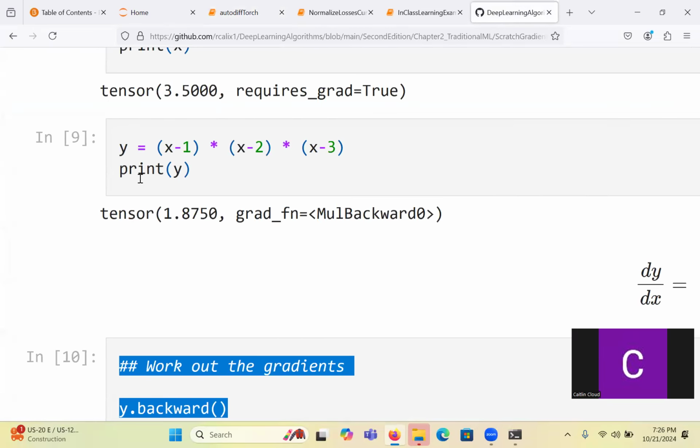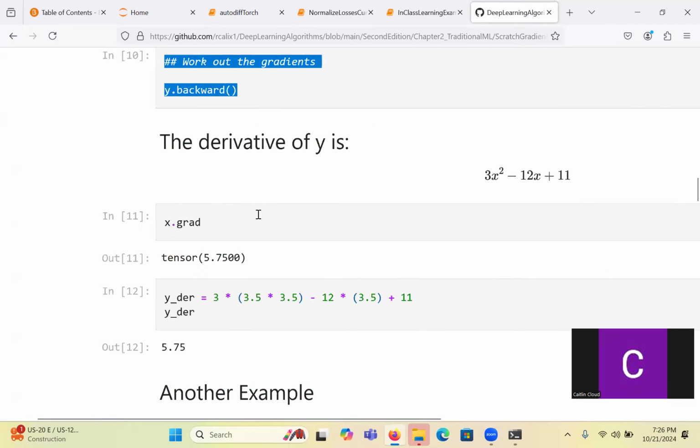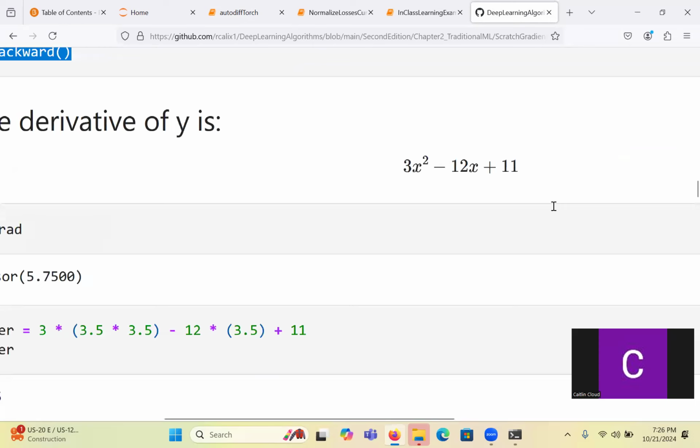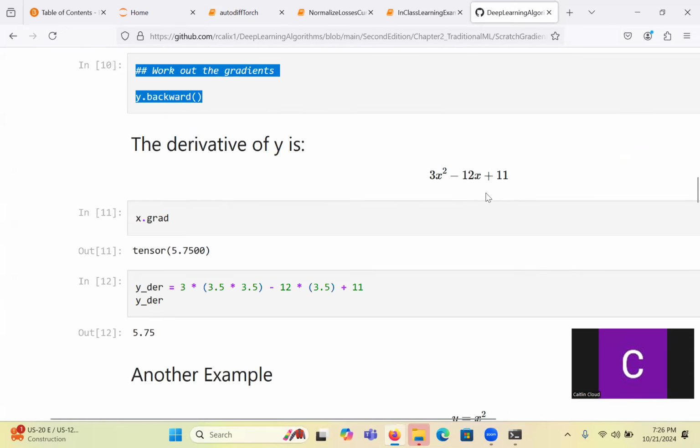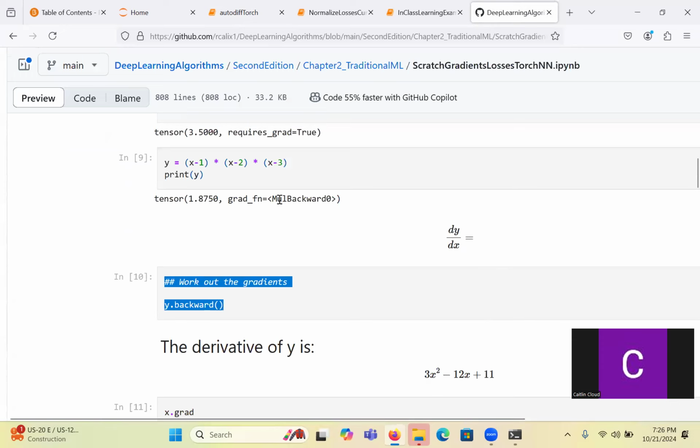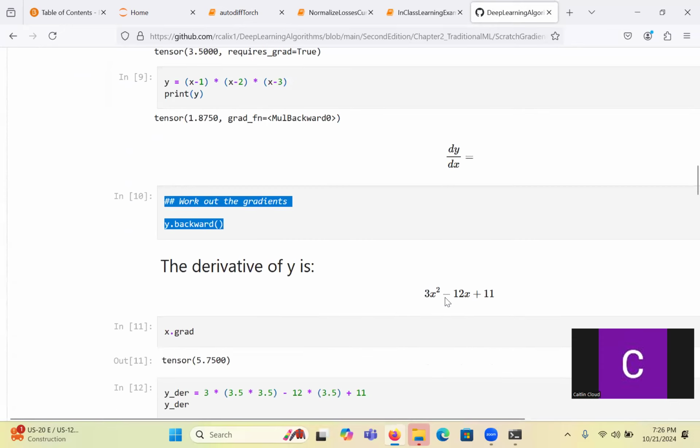And if you analytically calculate the derivative by hand, you would get 3x² minus 12x plus 11. I leave that as a fun exercise: figure out by hand how to go from here to here, and you'll see that that's what you get. More importantly, when you plug in the value, it'll match whatever we have in our x.grad.